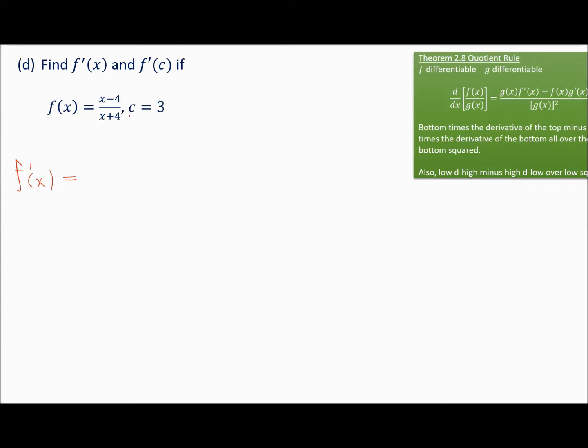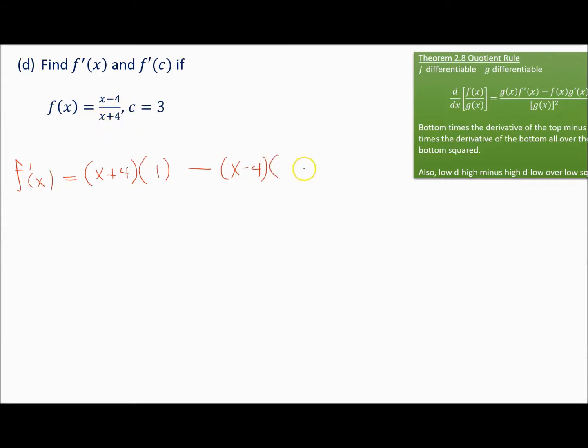Low d high. So low, which is x plus 4, d high means the derivative of the numerator. So what is the derivative of x minus 4? It's 1, right? It's really 1 minus 0, which is 1. So that's low d high minus high, which is x minus 4, and then d low is the derivative of the denominator.